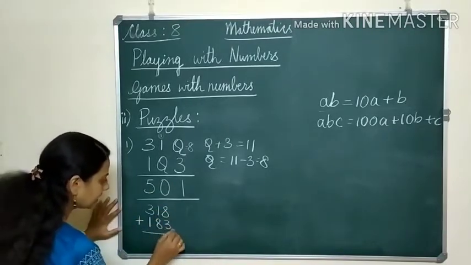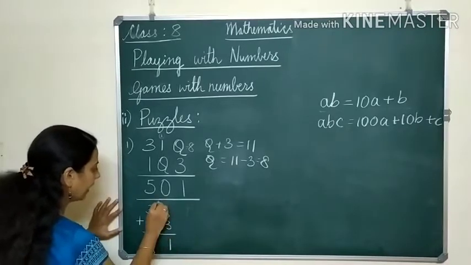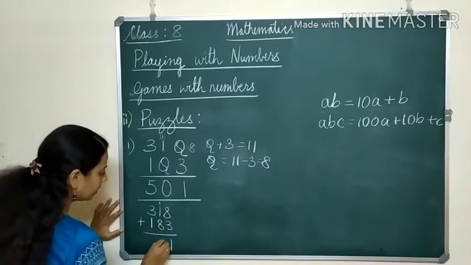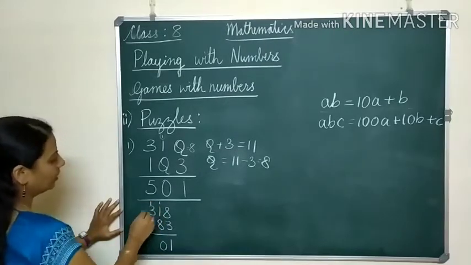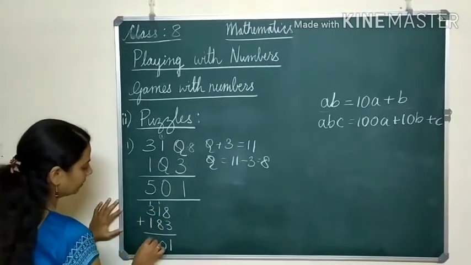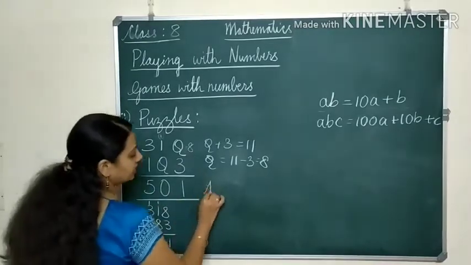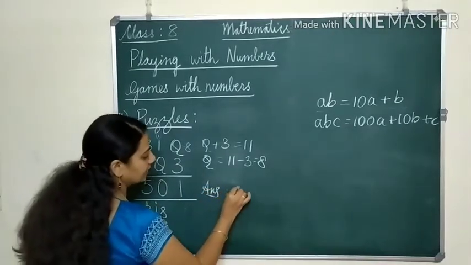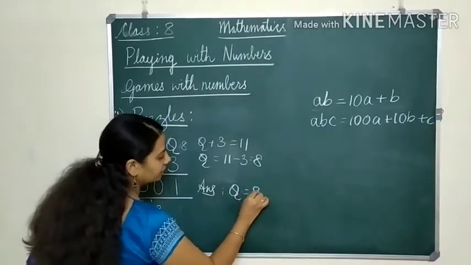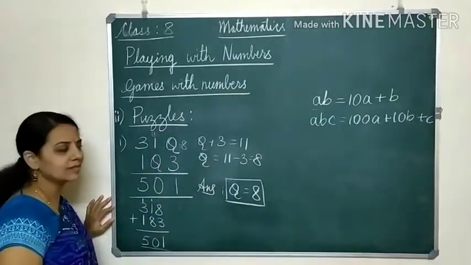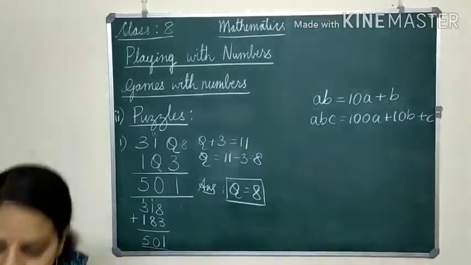Well, let's see. 8 plus 3 is 11, 1 carry. 1 plus 1 is 2. 2 plus 8 is 10, so 0 here, 1 carry. 1 plus 3 plus 1 is 5. So you got the same answer. So the answer for this is Q takes the value 8. Understood, children? Now let's go to the next sum.